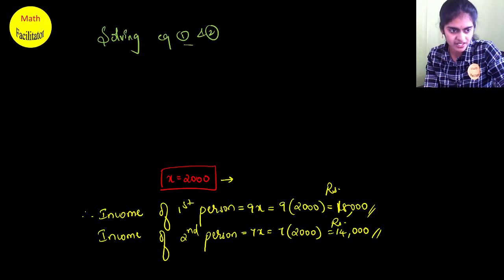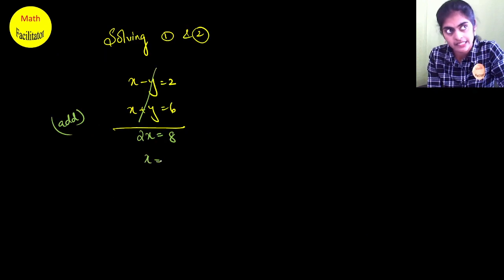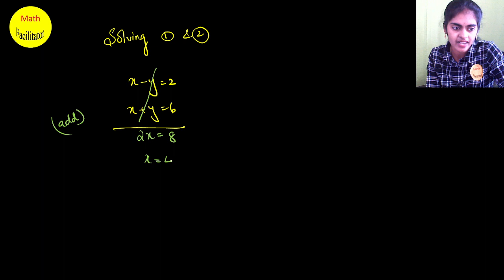In the previous question, if you remember, there it was minus 12y and minus 12y. The signs were the same, so I could not cancel by adding. So I subtracted them and then cancelled. Some students get confused why we are adding in some questions and subtracting in others. So that's the clarity. Now 2x is 8 and x is 8 divided by 2, which gives you 4.